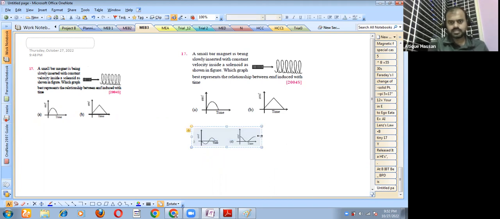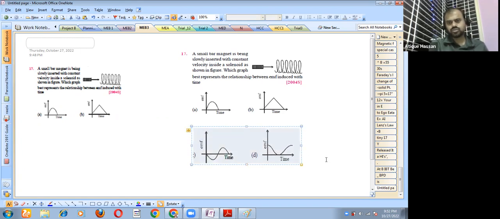A magnet is slowly inserted inside a solenoid at a constant velocity.